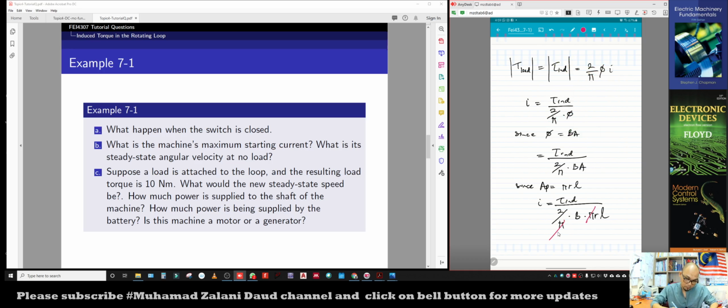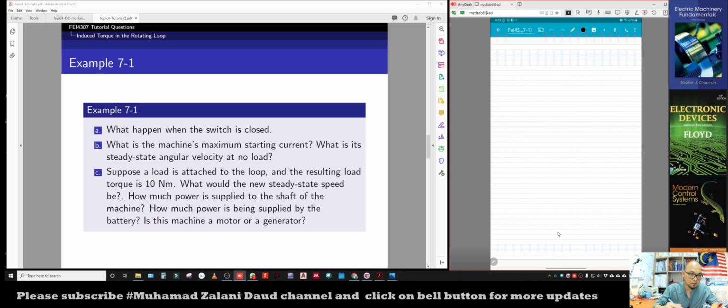Okay, the rest, this equation becomes, I think I should rewrite in next page, so I equals tau induced divided by 2BRL.